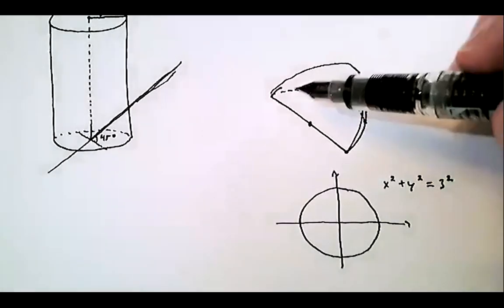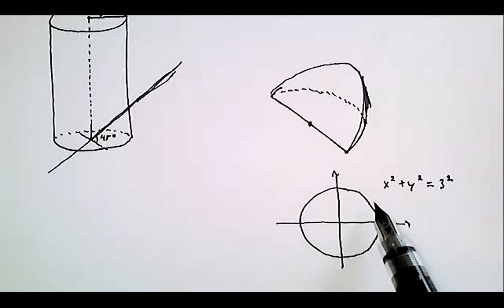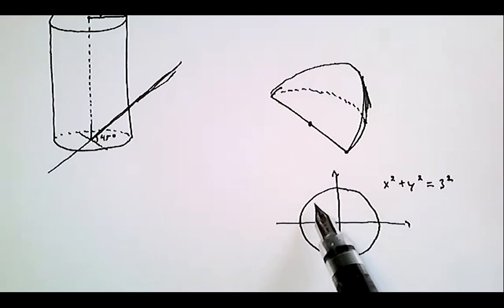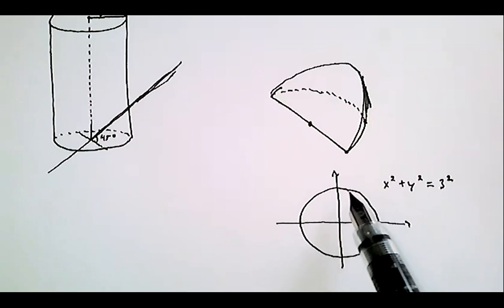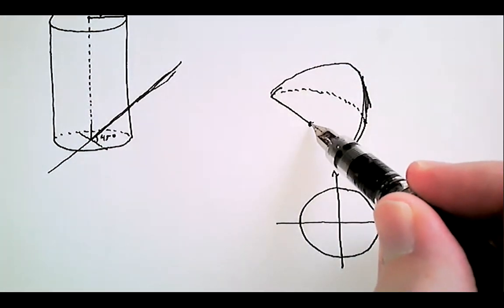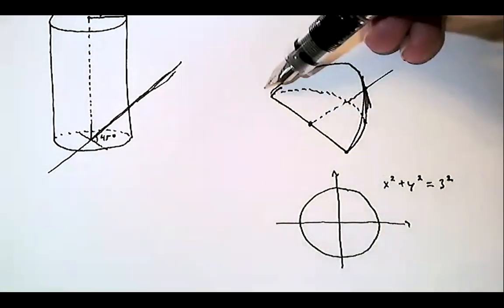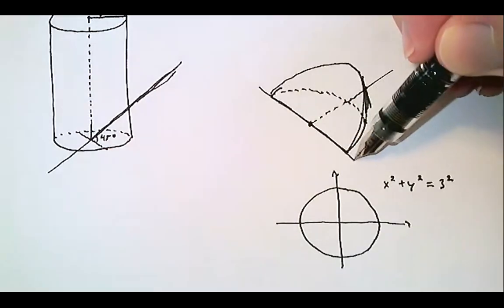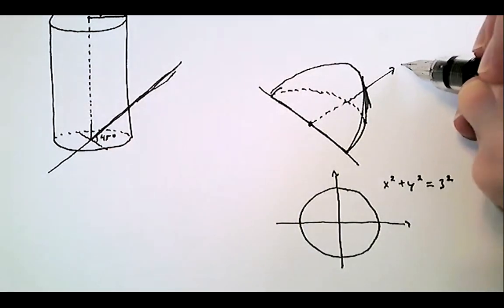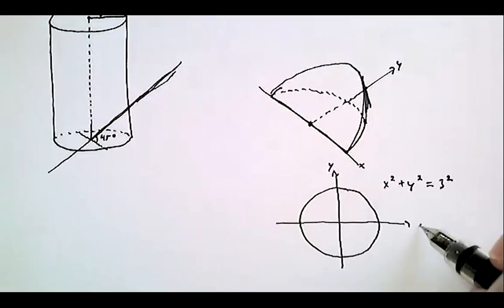And in order to figure out where exactly a point is along, let's say, this upper curve, so maybe labeling a little bit more, this is my y-axis, this is my x-axis.